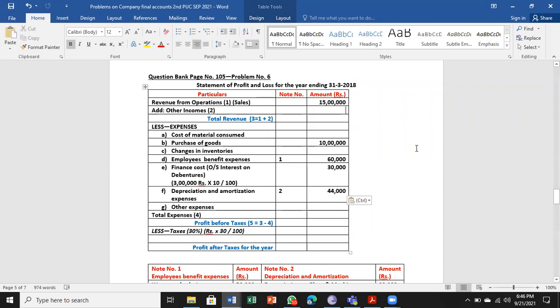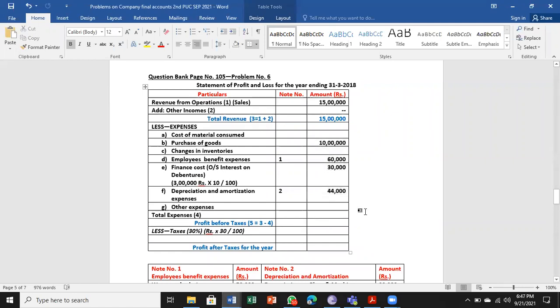So here 15 lakhs is the sales, other incomes are 0. So if you add both, the 15 lakhs itself is the total revenue or total income. Then we have to add these 4 expenses. Out of 7, we have got 4 expenses.